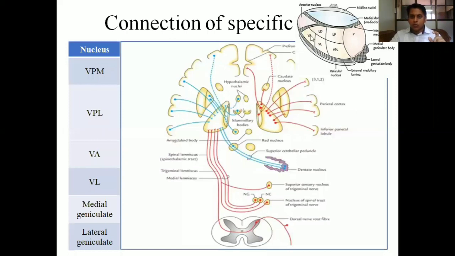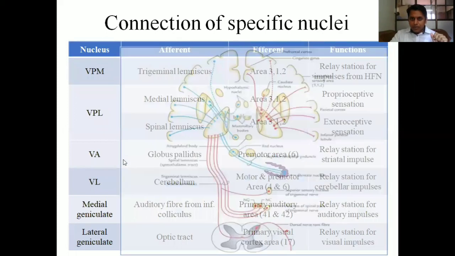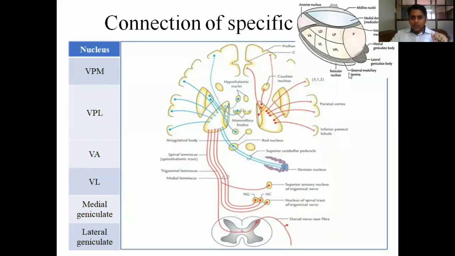Then we covered the ventro-anterior and ventrolateral parts. The globus pallidus relays at ventro-anterior and ventrolateral. At the end, we saw the fibers coming from the visual pathway and the auditory pathway, and the medial geniculate and lateral geniculate bodies are the relay centers for the fibers from these pathways.